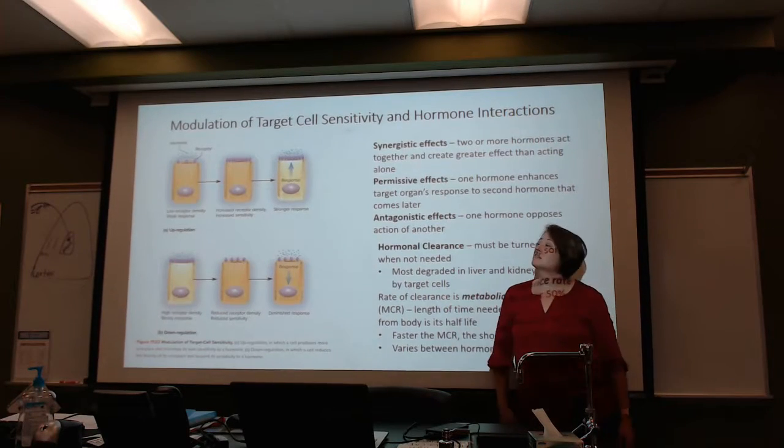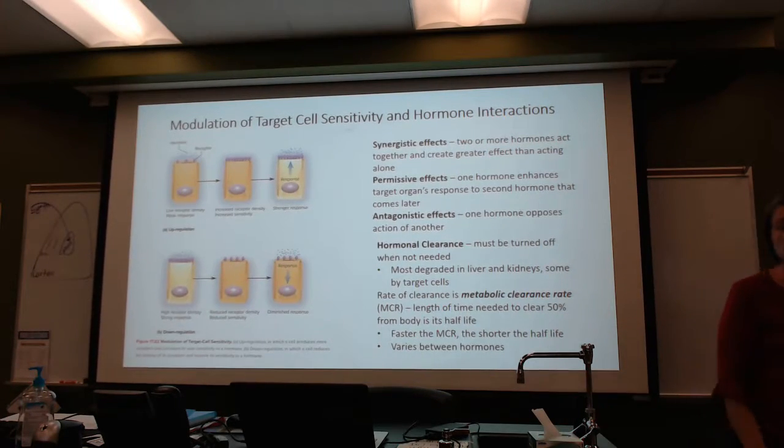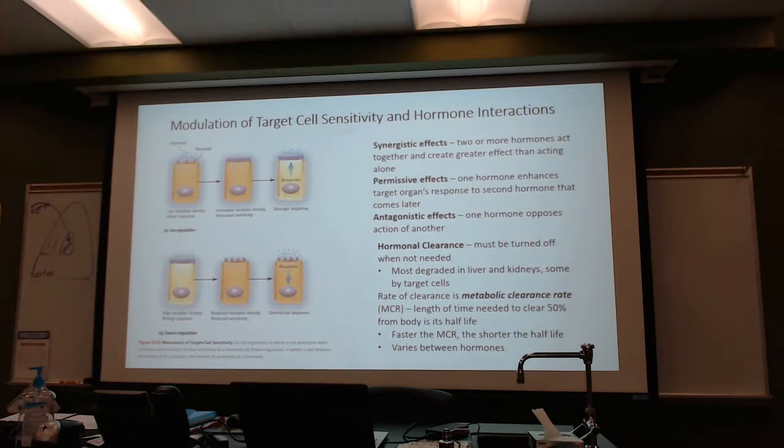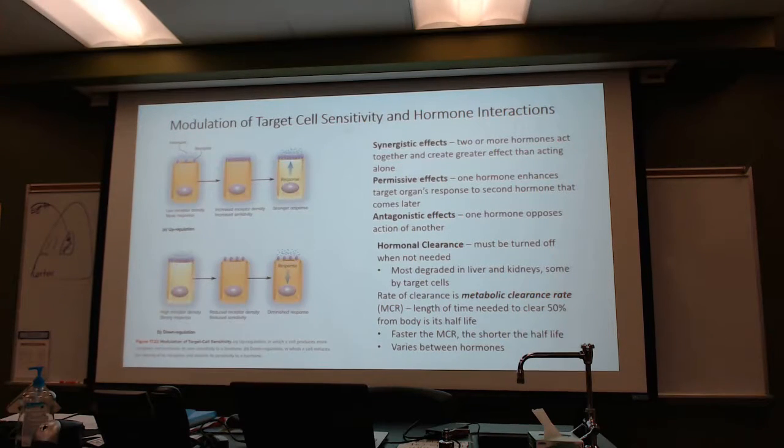The effects that we get from hormones on the body, they can either be synergistic, permissive, or antagonistic. Synergy means you work together. The two hormones working together create a greater effect than each one alone.